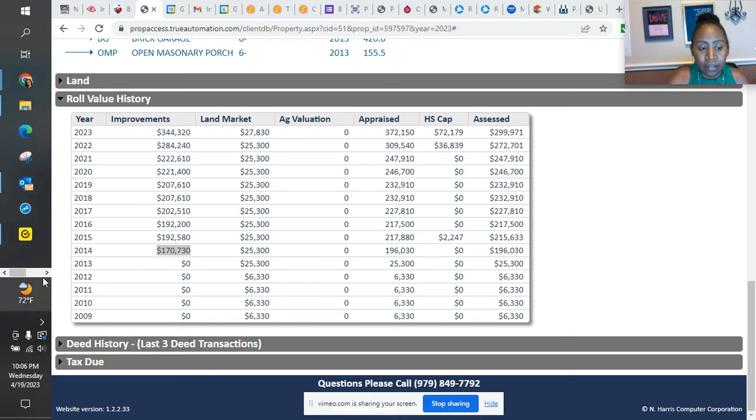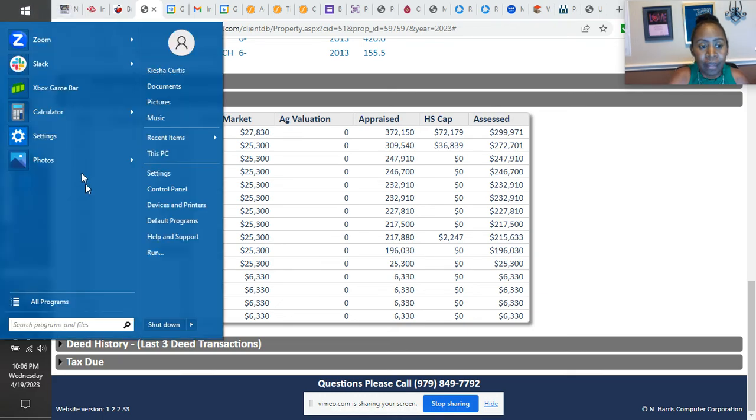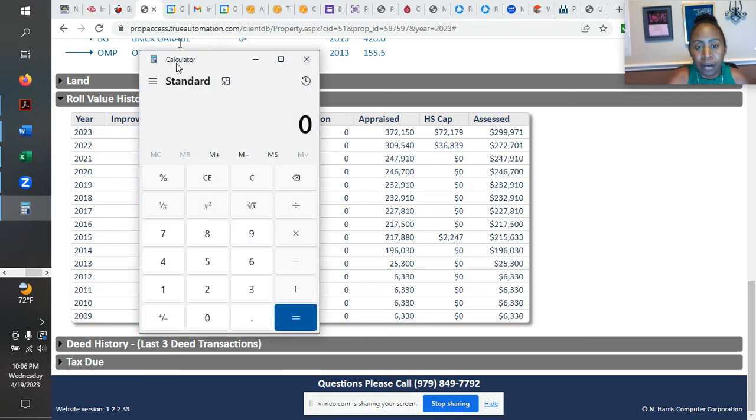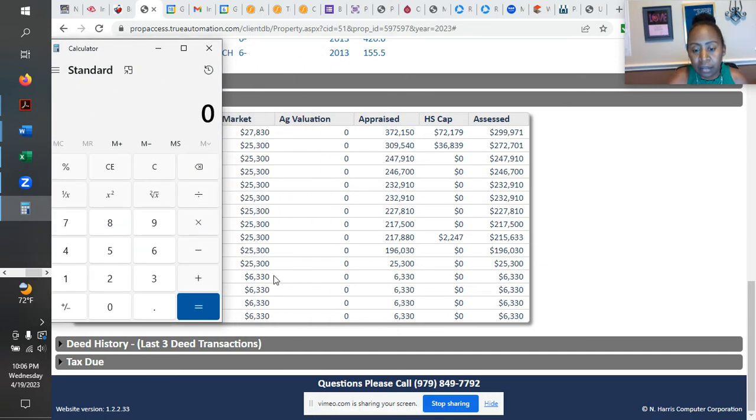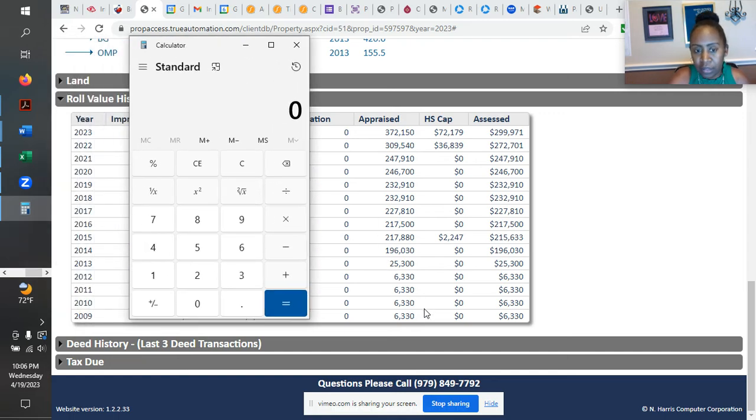So in reality, whereas they should have been prepared to collect, let's see, the total land value was $196,030 times the 657, I think.